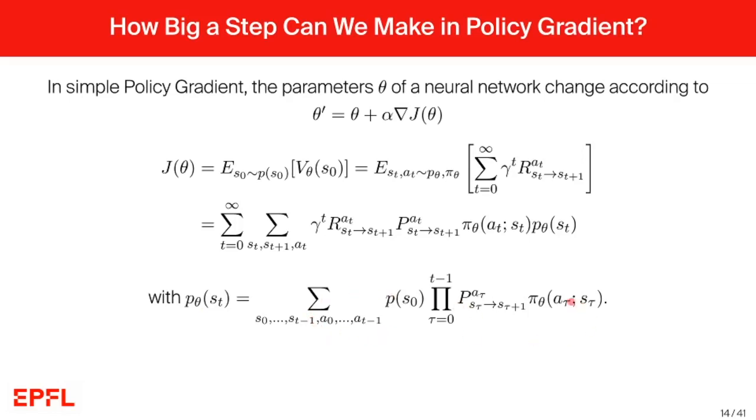So this somewhat complicated looking expression here is the probability of trajectories until time t, starting with the probability of the initial state and then taking an action a0, evolving the dynamics to the next state, and then with this product here over probabilities of actions and probabilities of next states, we get the full probability of a trajectory until time t.